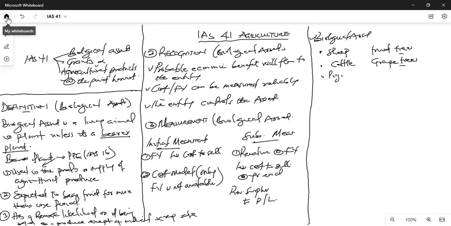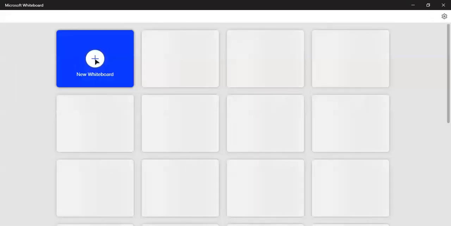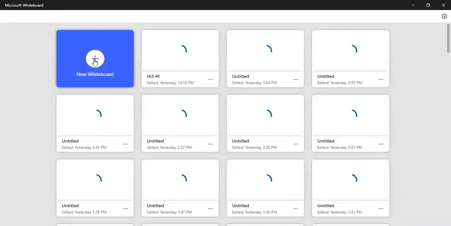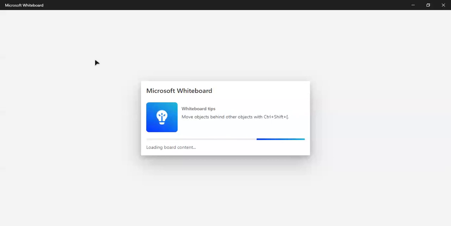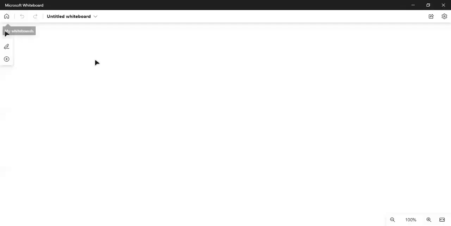So what we are supposed to go through and learn under the other side of this standard, IAS 41, is to go through and understand what we mean by agricultural produce. Agricultural produce.